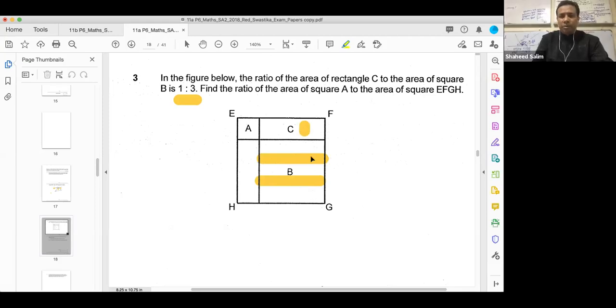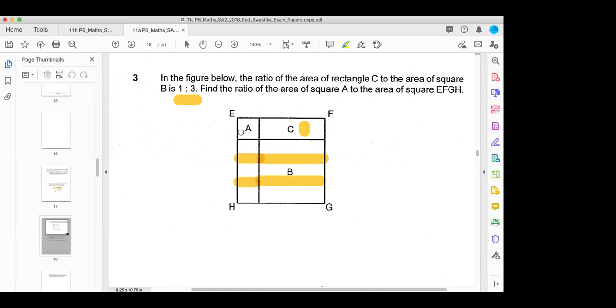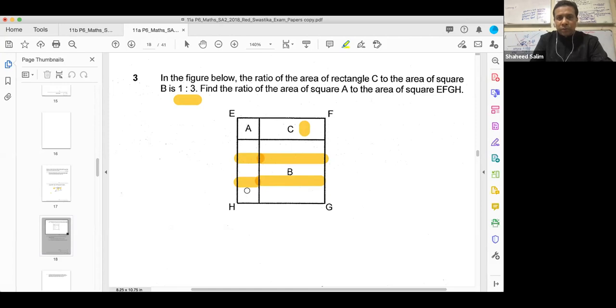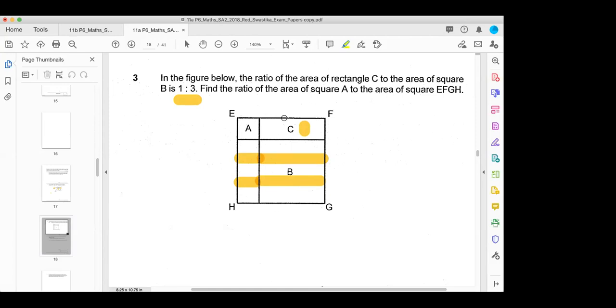This is 3 equal parts. But remember, this length here is also the same as this length. So if I extend it like that, can you see now? This square, 1 square, 2 squares, 3 squares, 4 squares. I can also cut this side into 3.